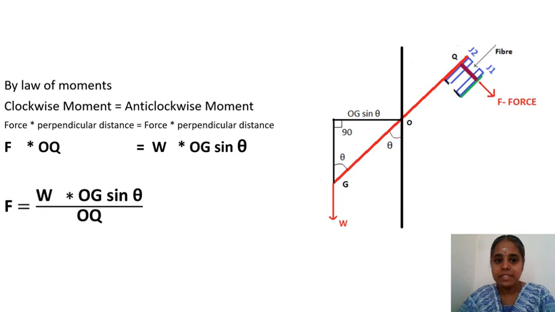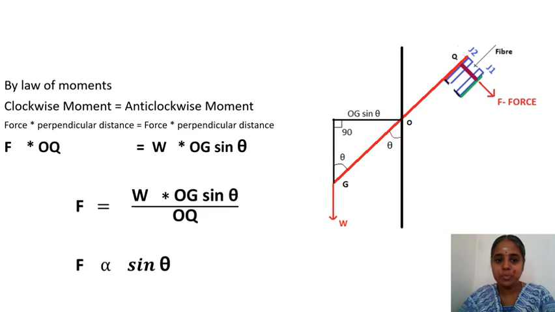So from this, F is equal to W into OG sine theta divided by OQ. W is the constant weight of the pendulum, and the distances OG and OQ are constants. So removing the constants, we introduce the proportionality sign. So F is proportional to sine theta.